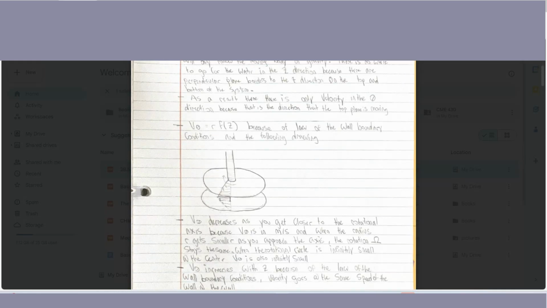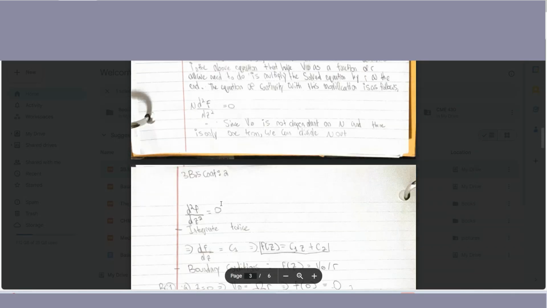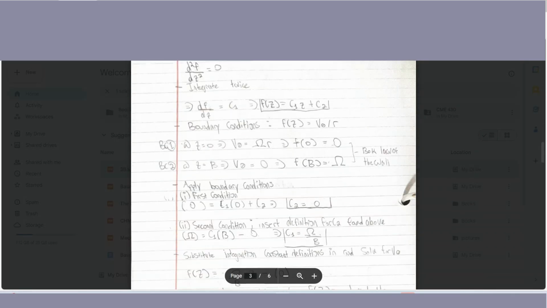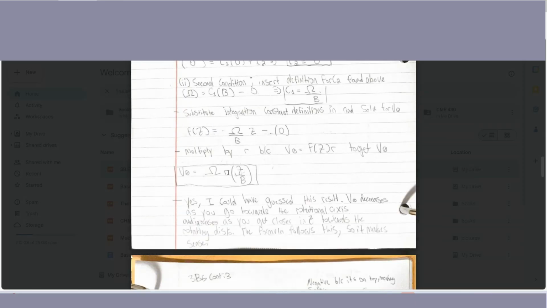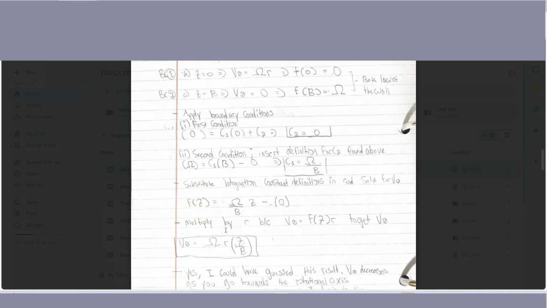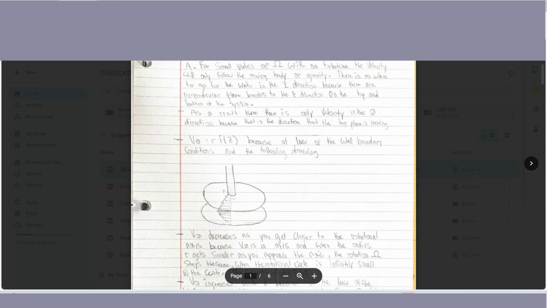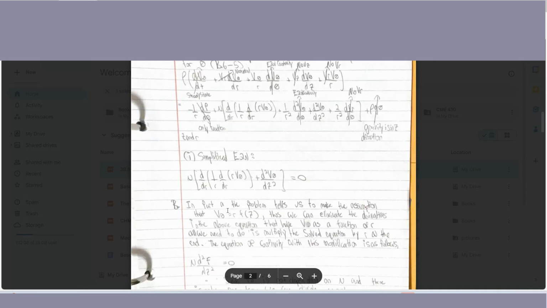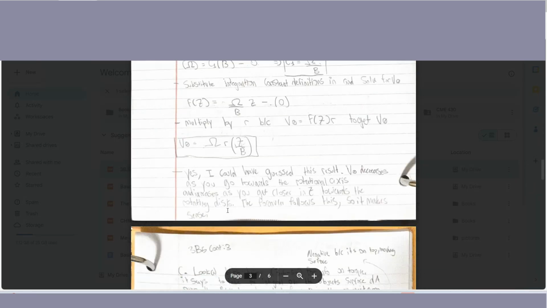The velocity increases as you go out, and as z gets closer to b, it goes up. It's not linear because there are two variables, but it makes sense.